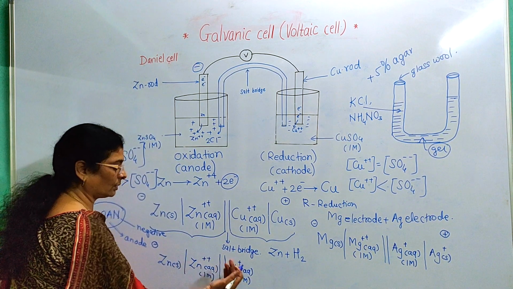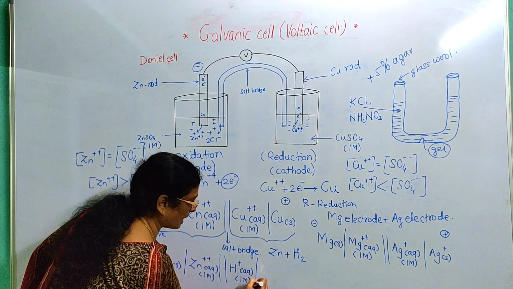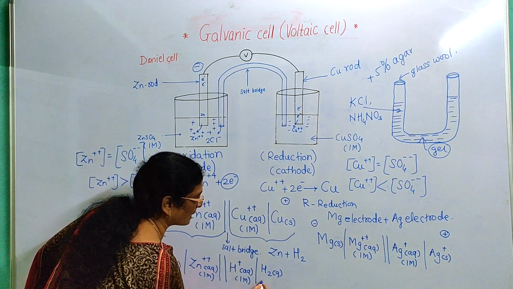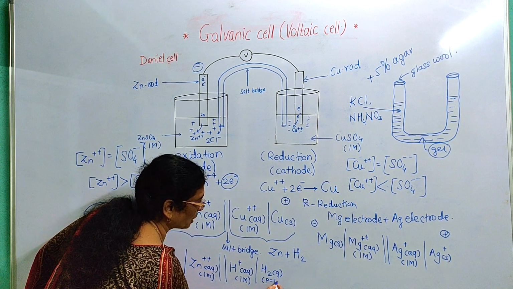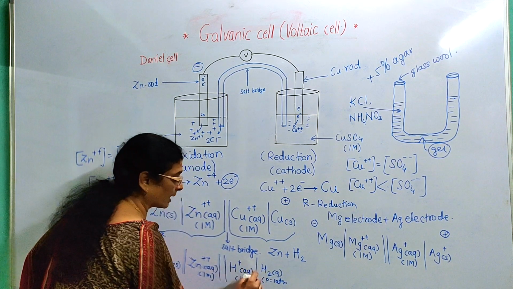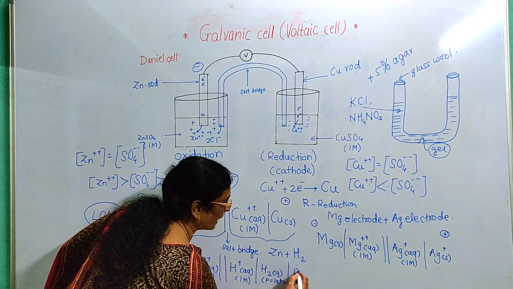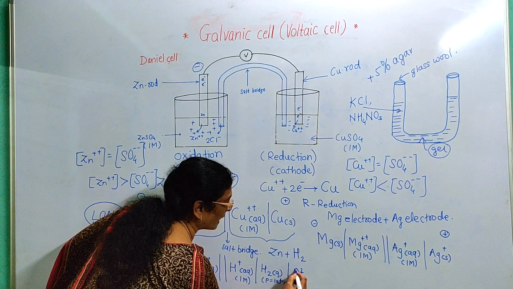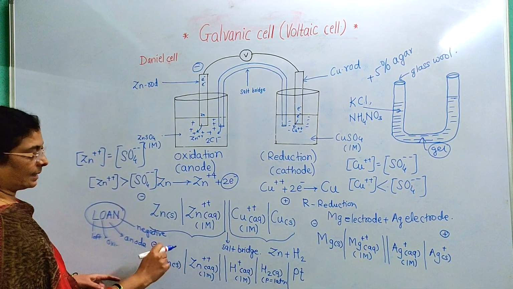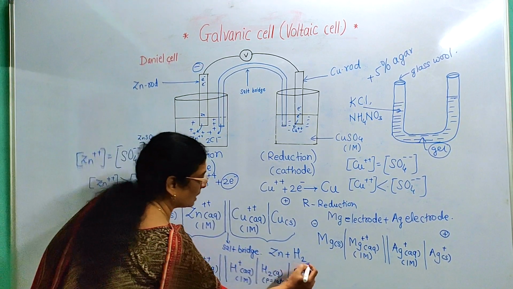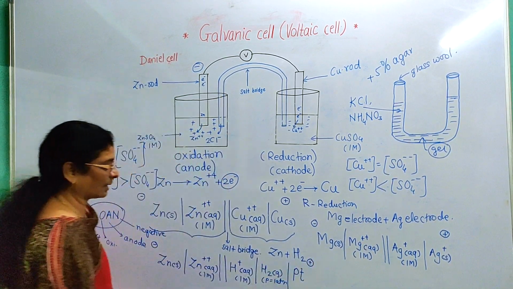These H plus ions are in direct contact with hydrogen gas, H2 gas. Here you have to mention the pressure of the gas. And again, these hydrogen molecules are in direct contact with platinum metal, the metal on which the hydrogen gas is adsorbed, and this electrode works as the positively charged electrode.